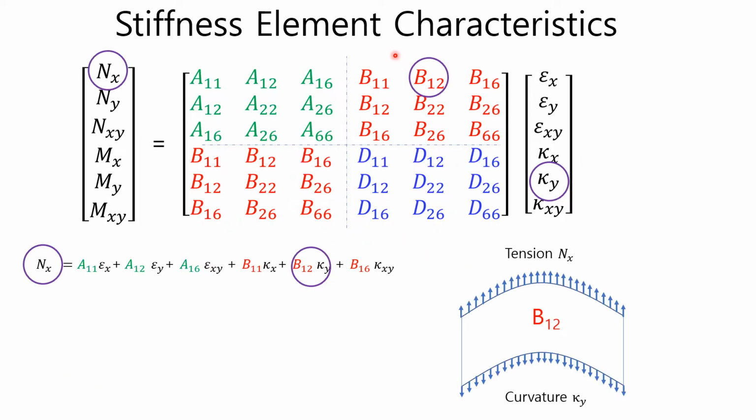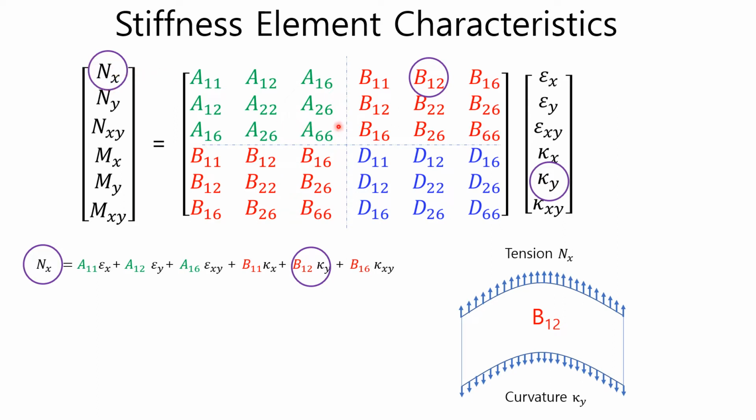Now, let's learn how to know the role of each element in the stiffness matrix. For example, what is the role of B12? Full description of Nx can be expressed as shown in this equation. Therefore, we know that B12 links curvature kappa y to force Nx.